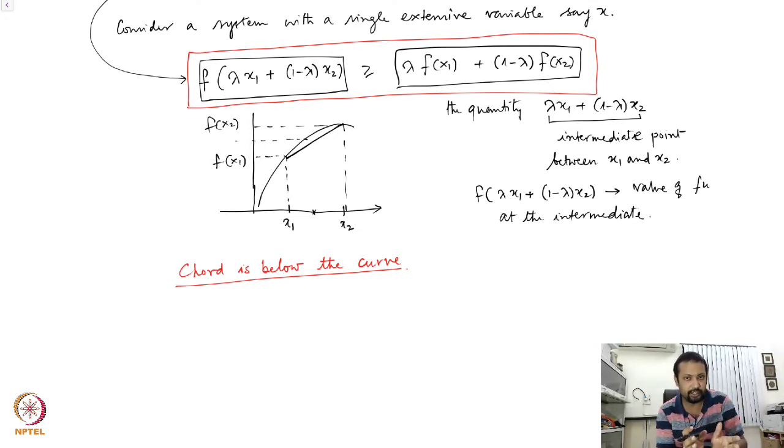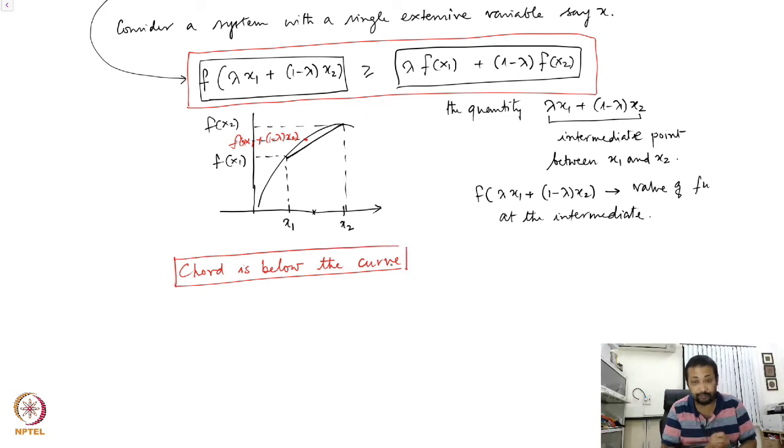The left hand side corresponds to the value of the function at lambda x1 plus 1 minus lambda x2, and that must be above the chord. So this inequality tells you that a concave function is one where the chord is always below the curve.